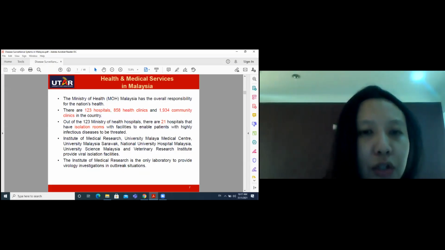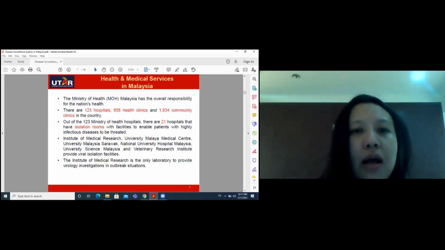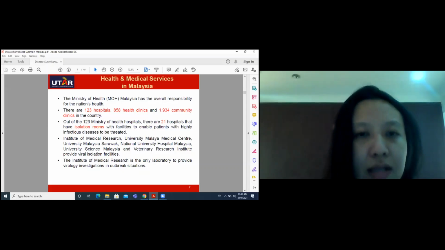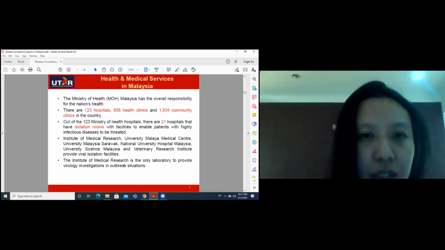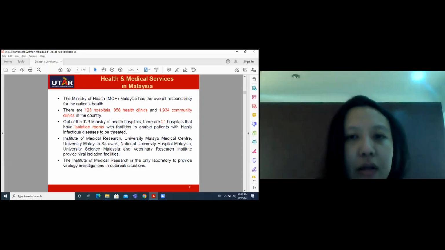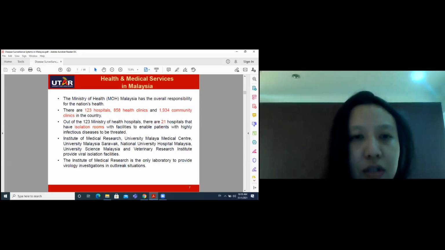And our Institute of Medical Research, IMR, and University Malaya Medical Center, University Malaya Sarawak, and also National University Hospital Malaysia, University Science Malaysia, and Veterinary Research Institute provide these viral isolation facilities, because not all facilities provide this laboratory-based surveillance.